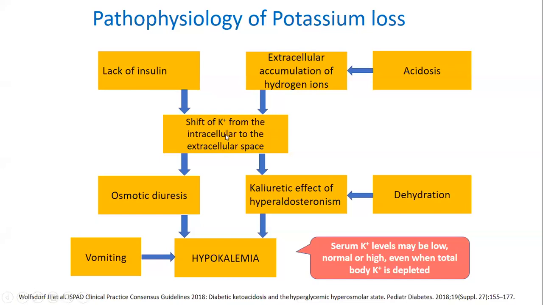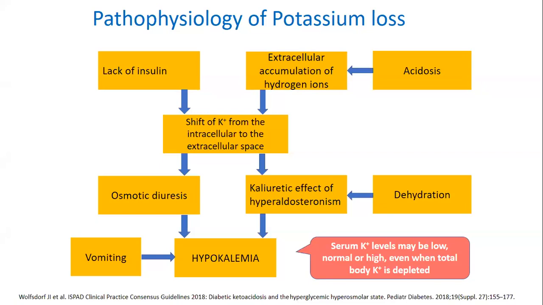I hope that is clear. Remember, when we are correcting hyperkalemia, we usually give insulin. The reason we give insulin is because we want potassium to go into the cell so that we can correct the hyperkalemia. So when you lack insulin, there will be a shift of potassium from the intracellular to the extracellular space.